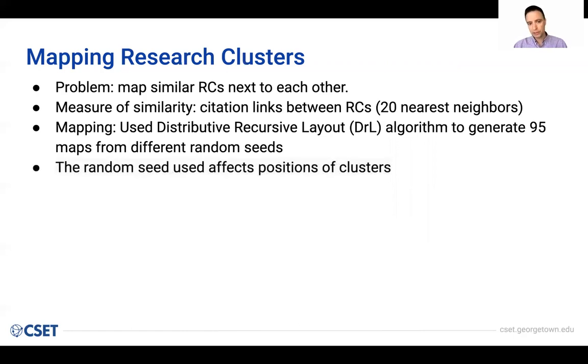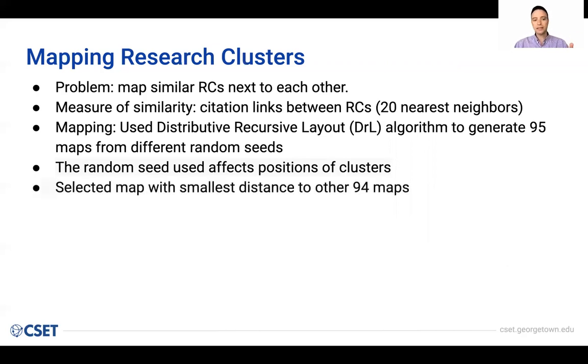So we do see some random variation of positions of the clusters. We select the map with the smallest distance to the other 94 maps. This is similar to selecting a mean or median of a normal distribution, where you find a point which has the smallest distance to the other observations.